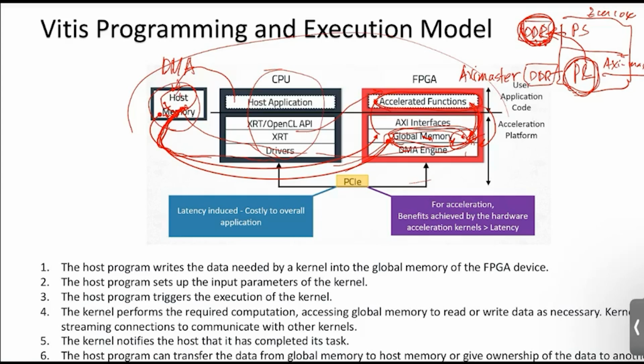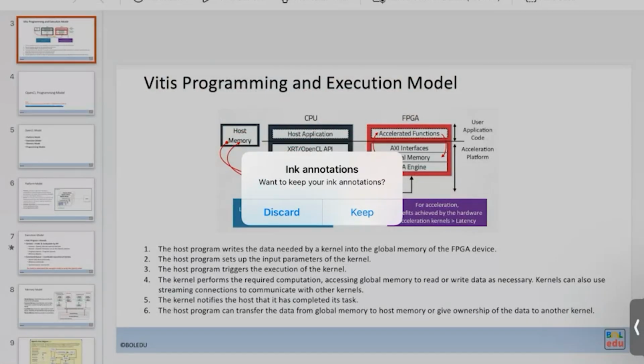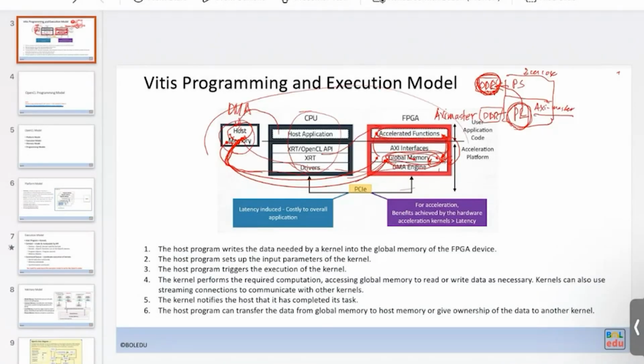I'd also like to talk a little more about the data transfer between the host memory and the global memory, because this computing model is a standard load-store type of computing model, so it's not efficient.